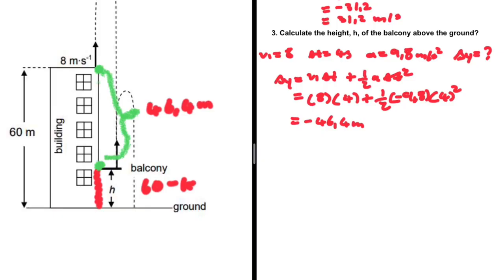So if it is going down, the displacement must be negative. But from the top of the building to the balcony, it will be 46.4 meters. Our height will therefore be equal to 60 minus 46.4, which is equal to 13.6 meters. So the balcony is 13.6 meters above the ground.